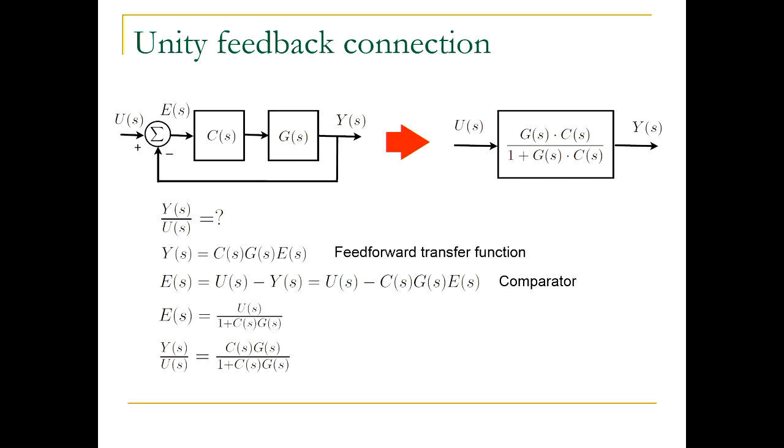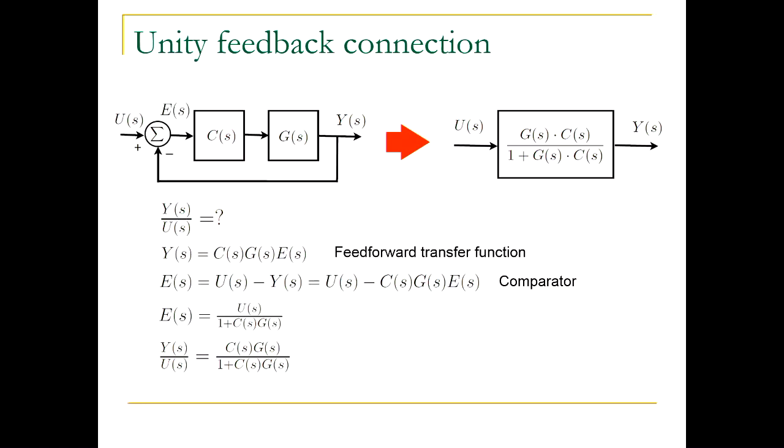But what is y of s? Well, y of s is really a series connection from input E to output Y. You see, what we've just done in one of the previous slides, we said if E is the input to this series connection, well, the transfer function of that series connection is the product of the two transfer functions, right?